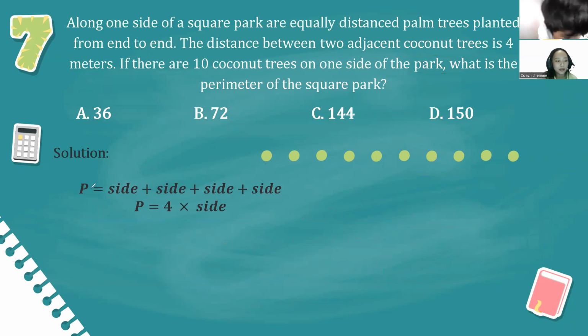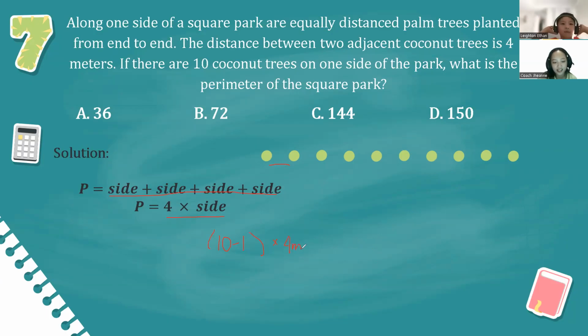Okay. So, the formula of the perimeter is this one or this one. This is just the same. Now we have 10 coconut trees minus 1, multiplied by the distance between two adjacent coconut trees, which is 4 meters.